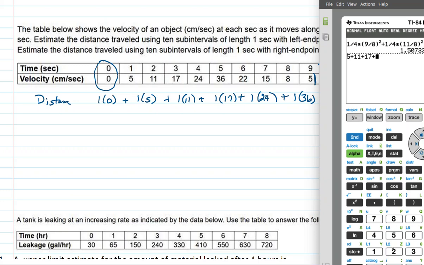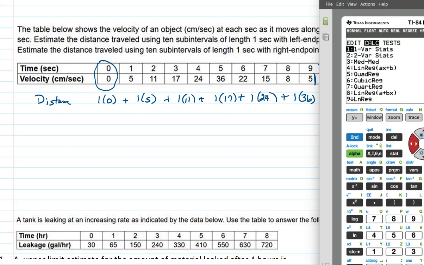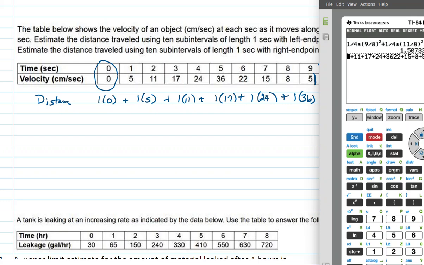This is where I'm diddling. Oh, I did. Oops, sorry. 36, 22, 15, 8, and 5.